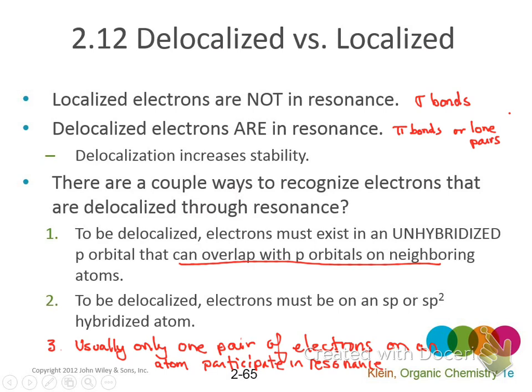So if you have these 2 p orbitals, now this is 2 different atoms, that are involved in resonance. If this has a second pair of electrons, it's usually not involved in resonance because this pair of electrons is not lining up with this one. You'll see how that's important, hopefully, in a little bit.